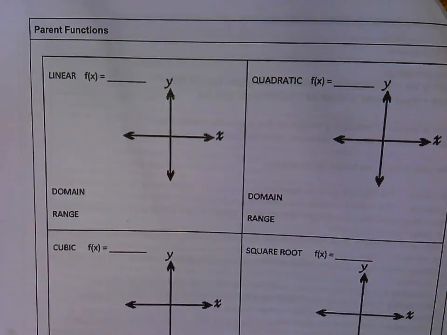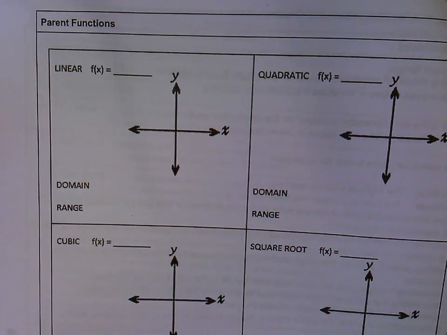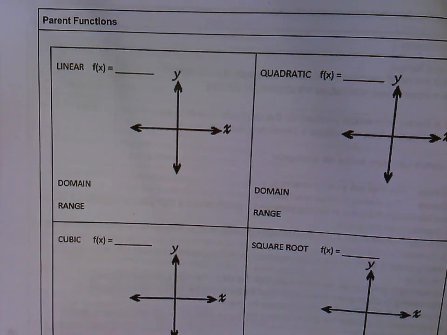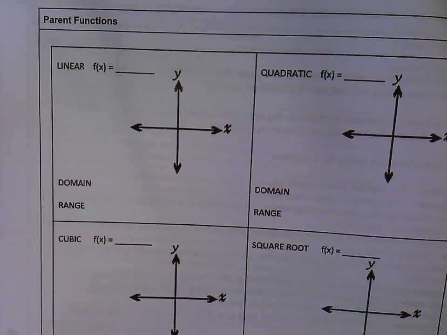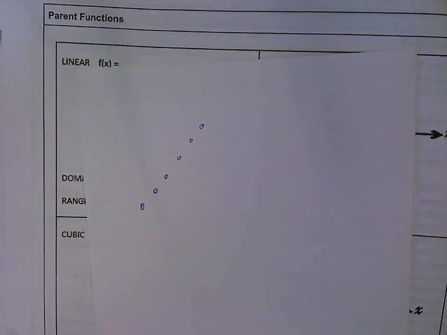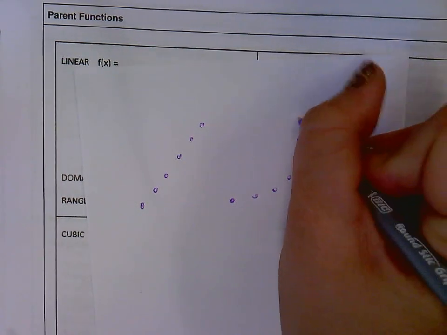And then this would be a resource that you can keep for the rest of the unit and for the rest of the year. So if you're looking for what a linear function looks like, what a quadratic function looks like, it's important to know if something is acting linear versus if something is acting more exponential, right?